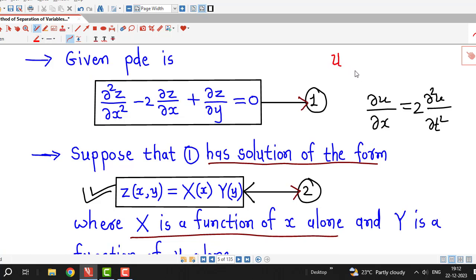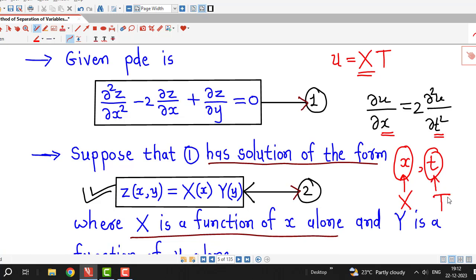So your dependent variable is u, and partial derivatives are with respect to small x and small t. So independent variables are small x and small t. Here I will start with capital X and capital T, where capital X is a function of small x and capital T is a function of small t.